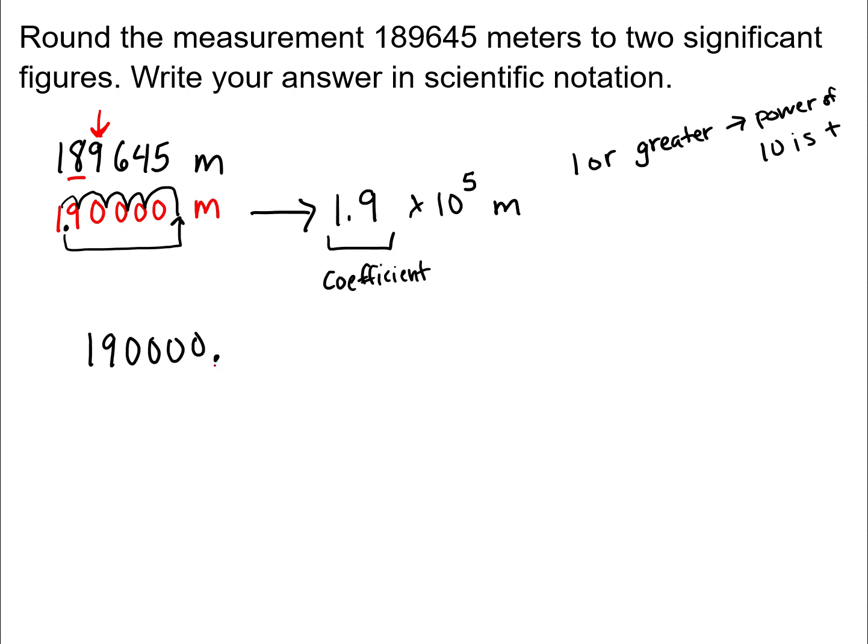What we did to write in scientific notation was move the decimal point to between the 1 and the 9. We have to count how many spaces are between where the decimal point was and where we put it. So that's 1, 2, 3, 4, 5 spaces. Does that make more sense now?